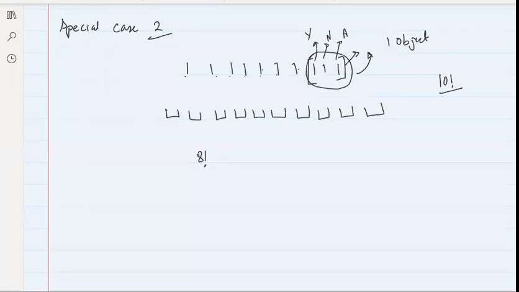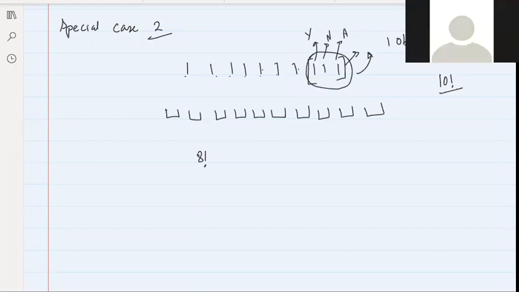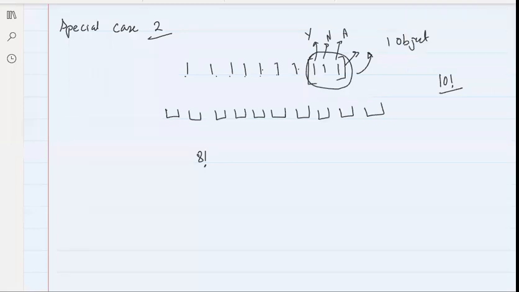Yes, very good. Now, the condition is all three should sit together, but they can change their places among themselves.